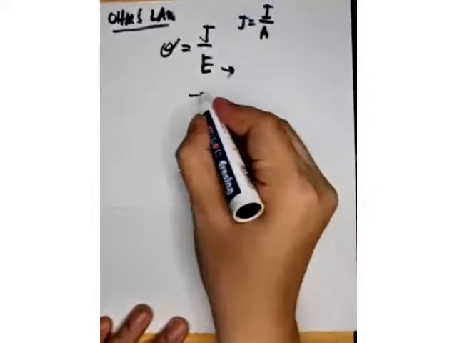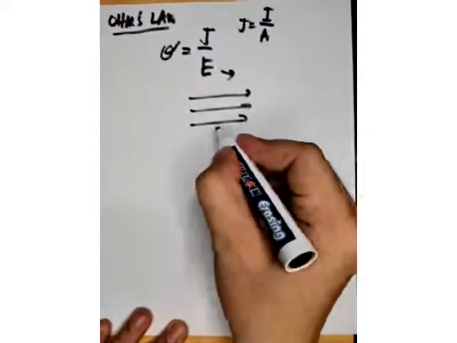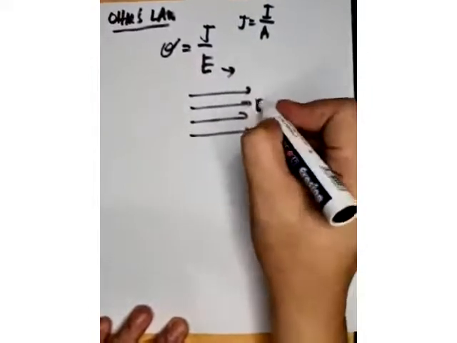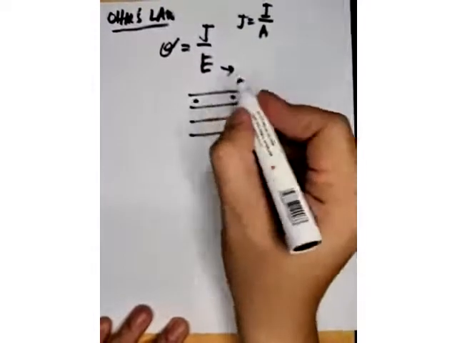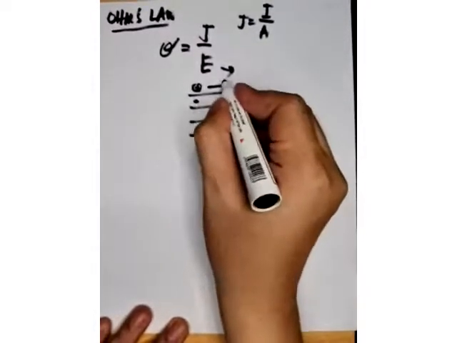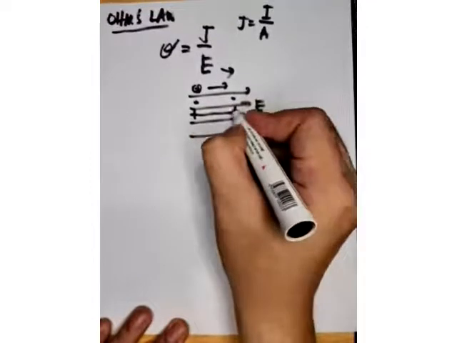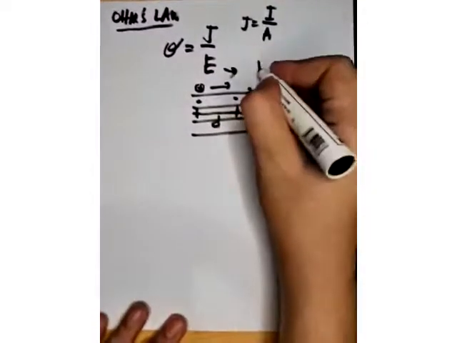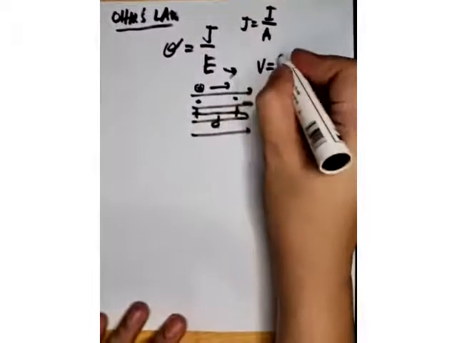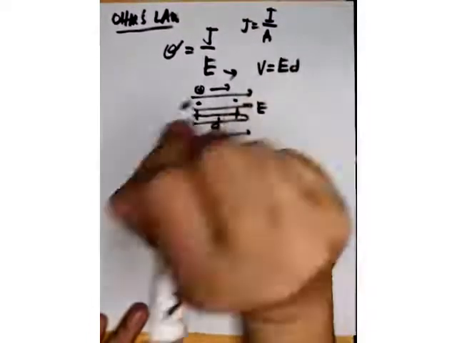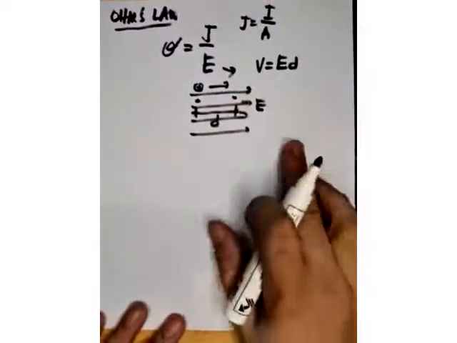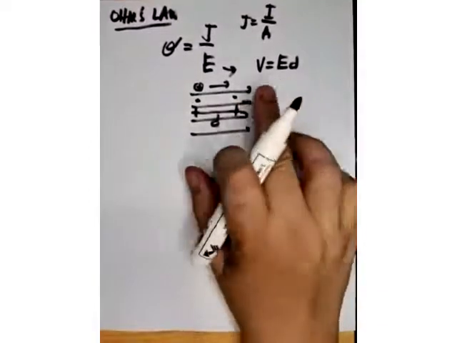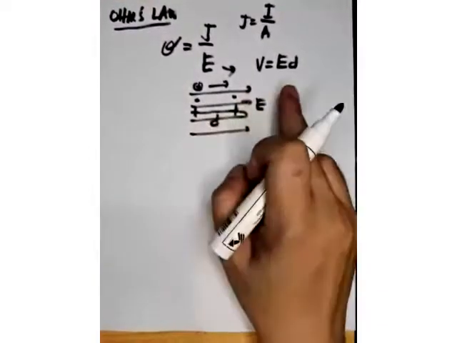Kung meron tayong electric field, tapos may dalawang point, nagta-travel yung charge natin from one point to the other. Sabihin na natin ang distance between the two points is D. Yung voltage or potential difference between these two is equal to ED, the electric field times the distance between two points.